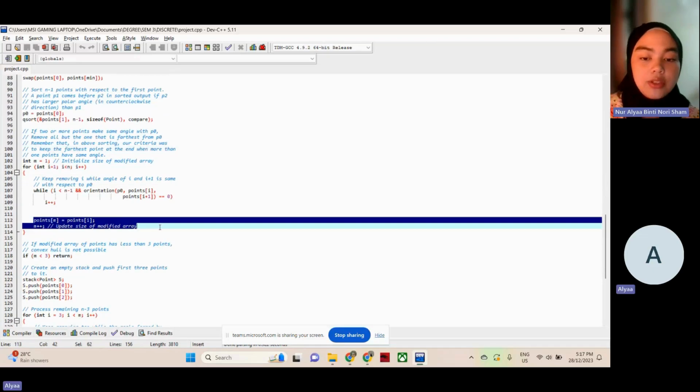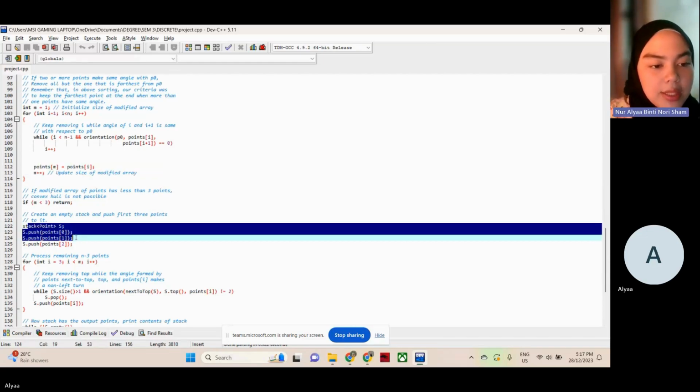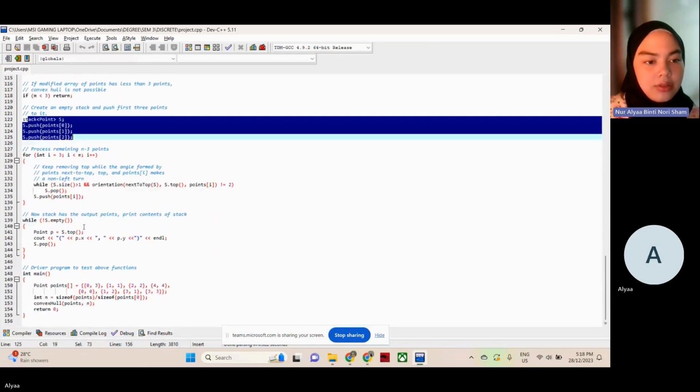If M is less than 3, it will return convex hull not possible. Then it will create an empty stack, named S, and push points to S: S.0, S.1, and also S.2. It will then process the remaining M minus 3 points, one by one.